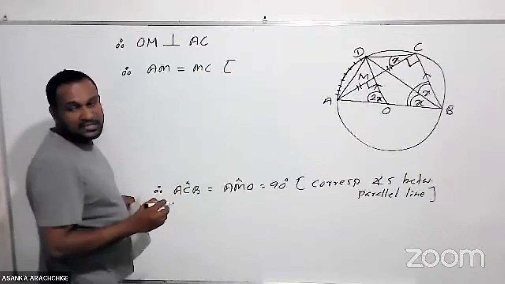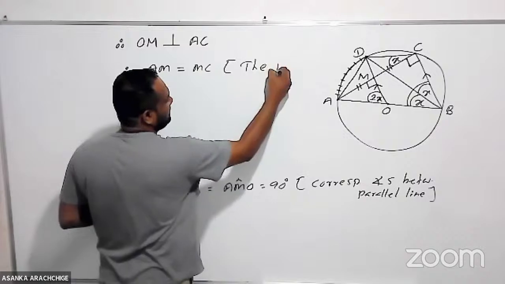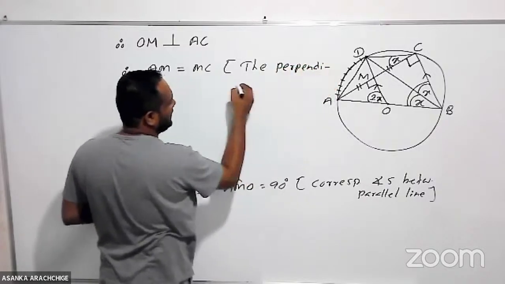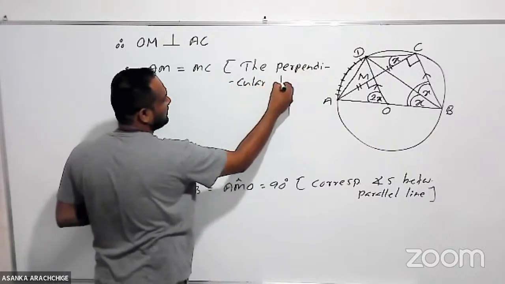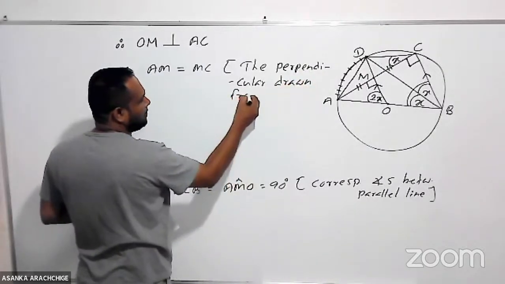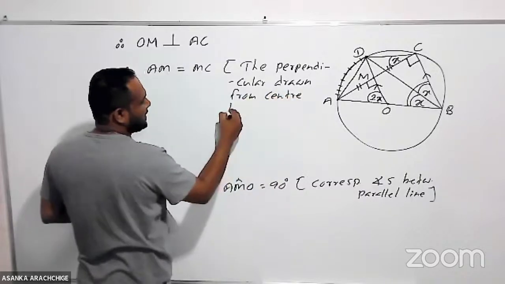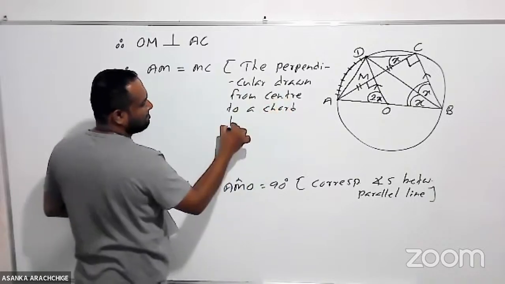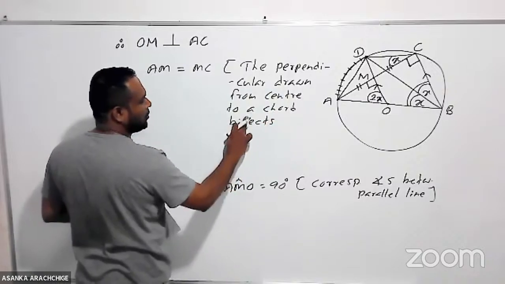Write the reason: the perpendicular drawn from the center to a chord bisects the chord.